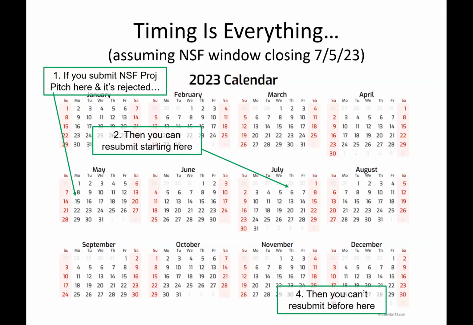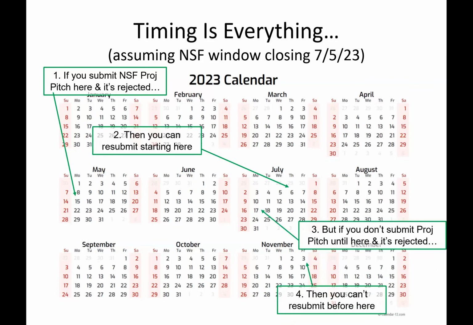But the alternative is, if you didn't submit the pitch until, say, the 17th of July, after the current window closes, guess what? If they reject that pitch, you cannot resubmit it until after November, or after early November.